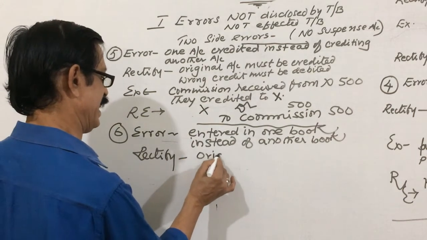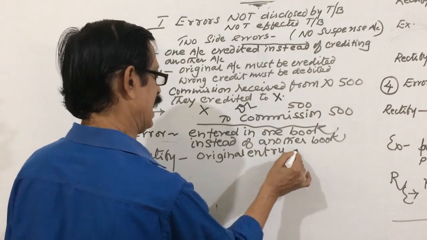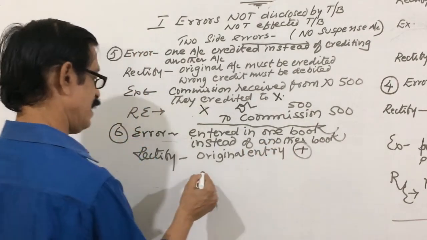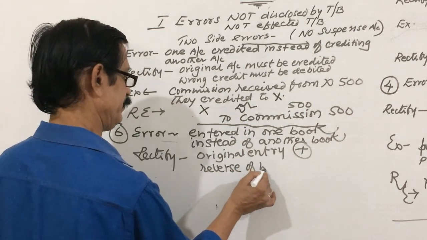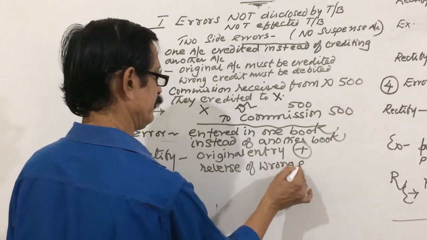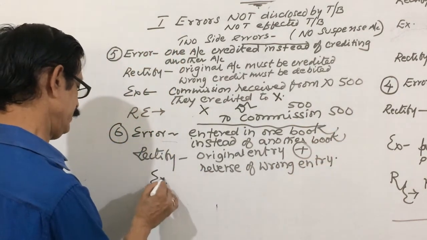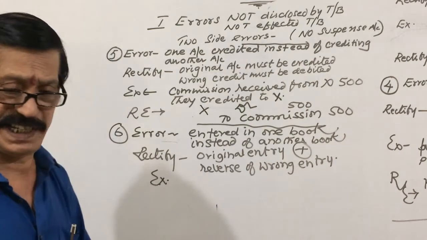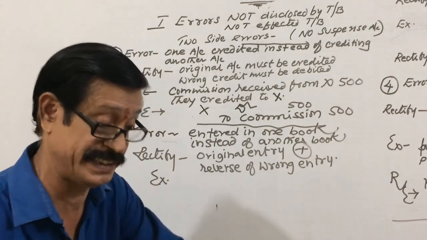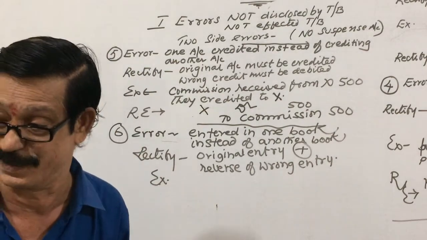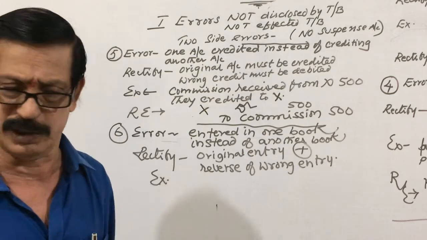Original entry must be recorded plus reverse of wrong entry. Well, dear students, we must pass the original entry, we must record the original entry. And what they recorded as wrong entry, that must be reversed. So here, 2 entries required, or you can combine both also.